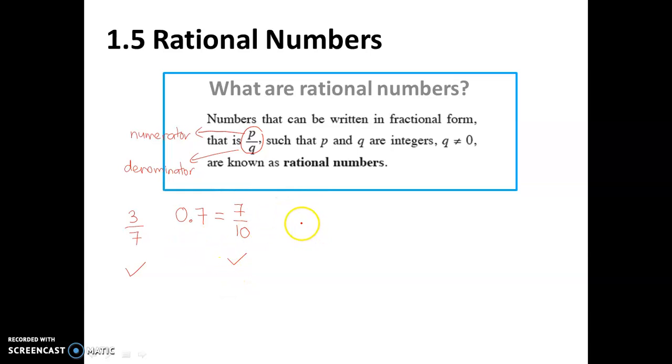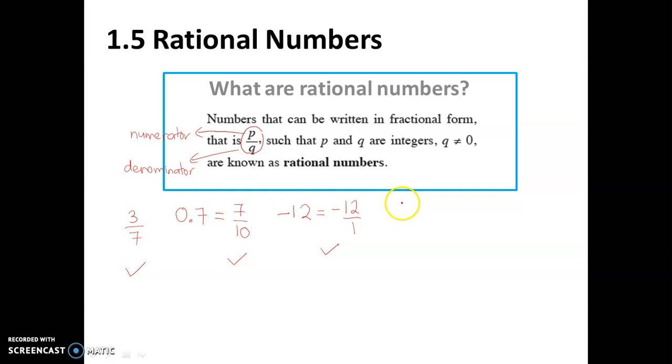Another example, let's say you have negative 12. This is a negative integer, and it can also be written as a fraction. It will become negative 12 over 1. So yes, it is a rational number.